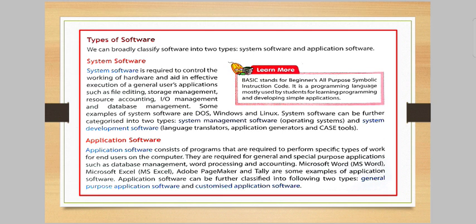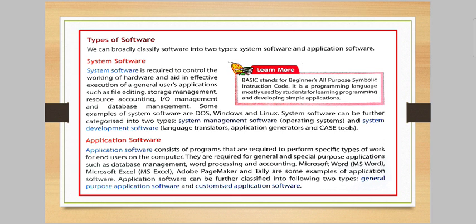So the main thing about system software is that it is required to control the working of hardware and aid in effective execution of general user application. And some example of system software is DOS, Windows, Linux.